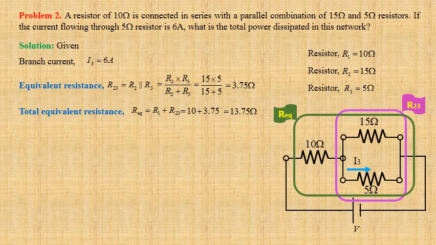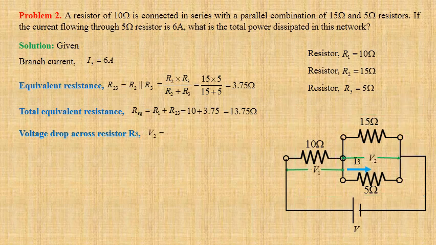Let us now determine voltage drop across resistor R3. V2 equals I3 into R3. Using values we get 6 into 5 equals 30 volts.